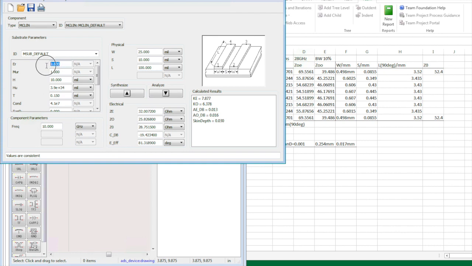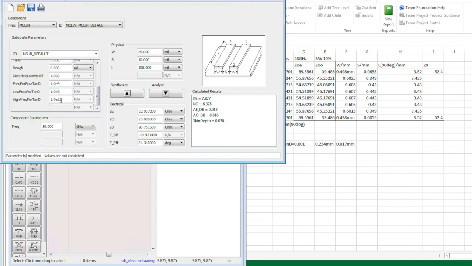In this case, the substrate we used has a permittivity of 3, and the thickness of the substrate is 0.254, and the copper thickness is 0.00017 millimeter, and the conductivity we just used for copper is 5.8, and the roughness, the loss tangent, is 0.001.